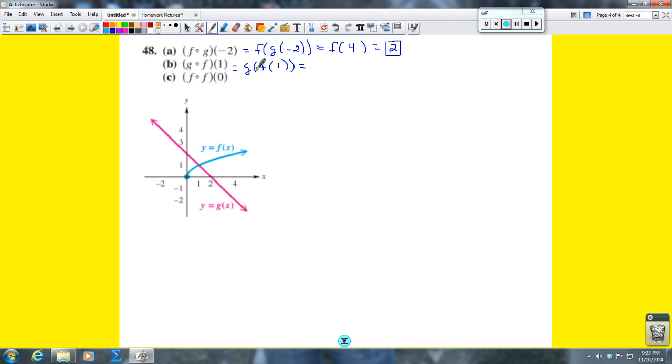So we're supposed to find f of 1 first. If I go to here, there's 1, f is blue. It looks like it's up 1 unit. I'm going to go look in the book real quick, and it is up 1 unit. So we're supposed to find g of 1. And g of 1 is exactly the same place, so it turns out to be 1.